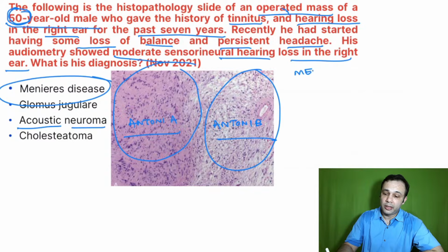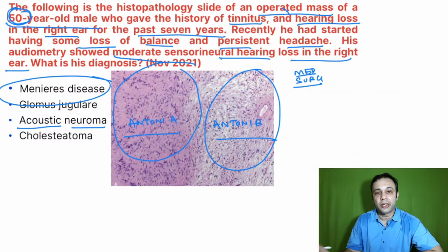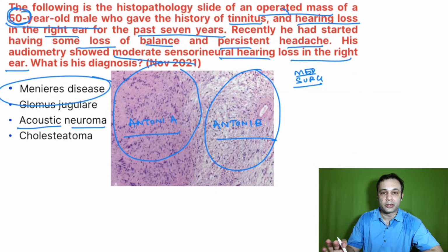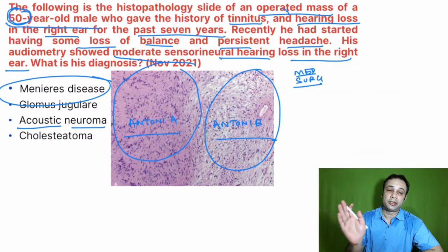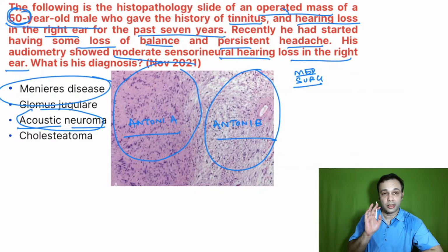You have medical treatment and surgical treatment in Meniere's disease. Medical treatment more often is given for maintenance as well as for acute phases. Surgical treatment can be done if there is hearing loss. Yes, resection of the tumor has been done. So vestibular schwannoma is the diagnosis here.